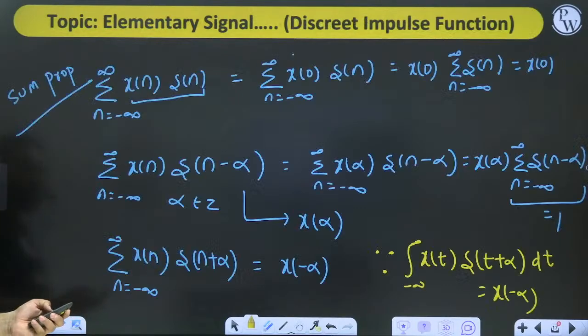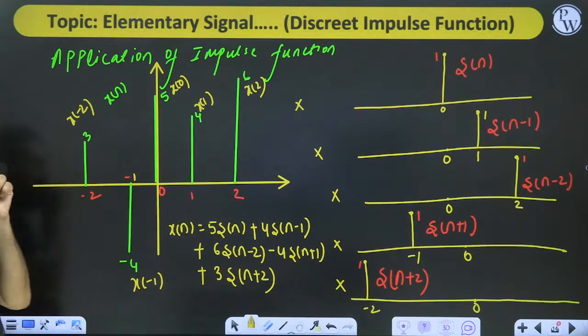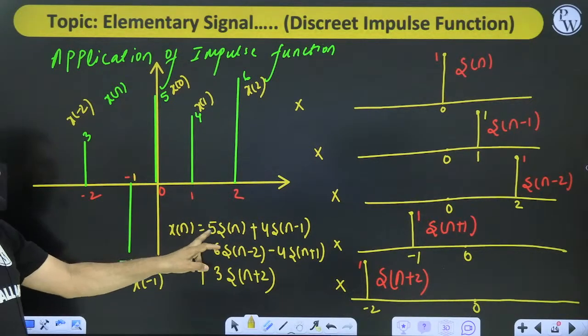But since this function was from minus 2 to 2, that's why we have from x minus 2 to x2.